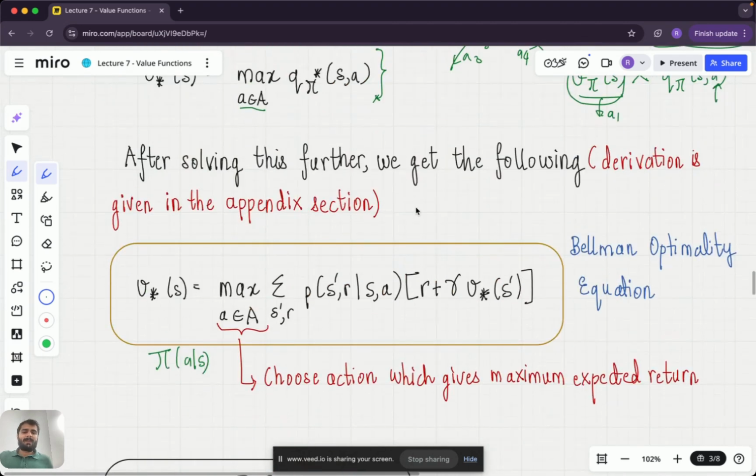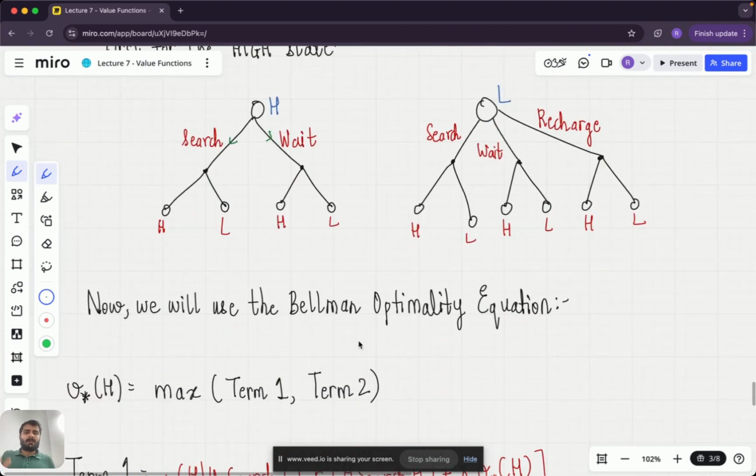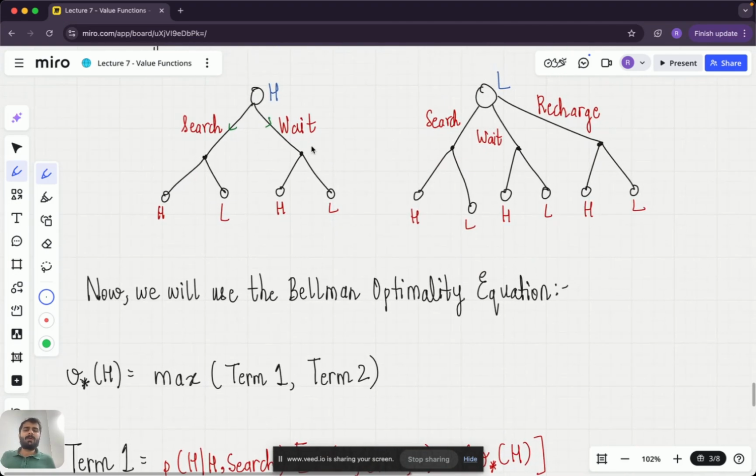V star is equal to the maximum of these terms. For the high state, there will be two terms because there are two actions which the agent can take, and we have to take the maximum of these two actions. Remember how to find the optimal policy? We have to choose the action which yields the maximum value for the action value function.